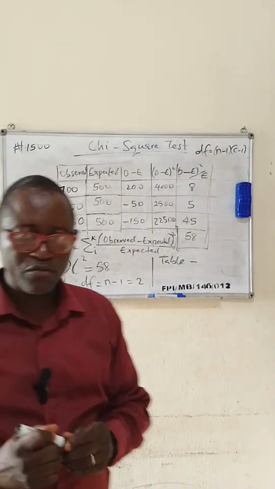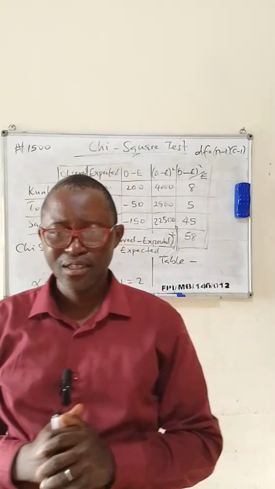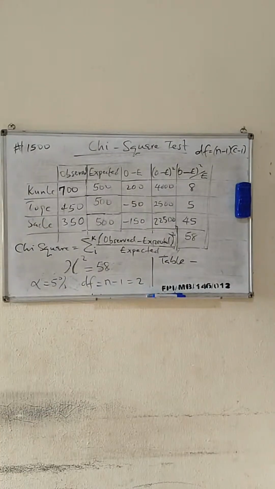The example I'm going to give now, we're going to use that. We're going to have rows and columns. So the person that asked about degree of freedom, that is how we got it. We need that to get the value from the table that we're going to use to make a conclusion about the data that we just analyzed, whether there's a significant difference or no significant difference.